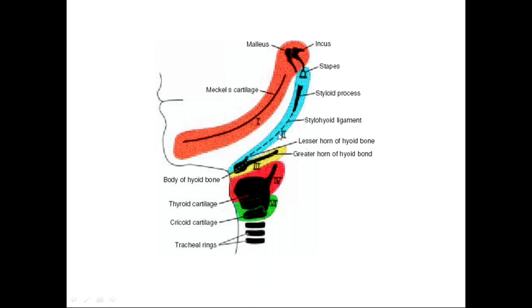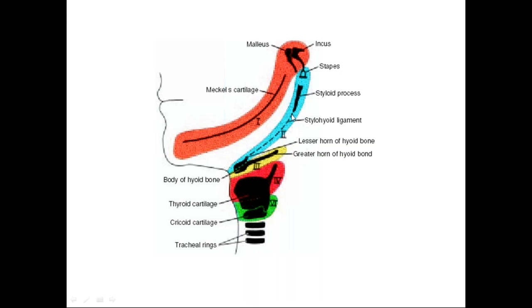Coming to the second arch. The second arch is known as Reichert's arch. It forms stapes. Remember the mnemonic 5S: stapes, styloid process, stylohyoid ligament, smaller or lesser cornua of hyoid bone, and superior surface of hyoid bone.